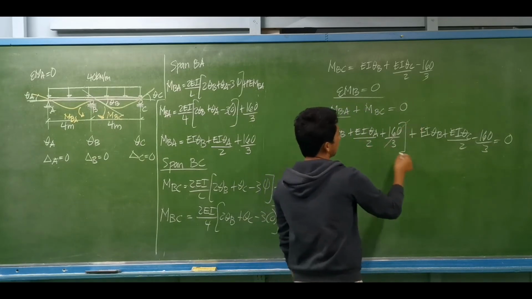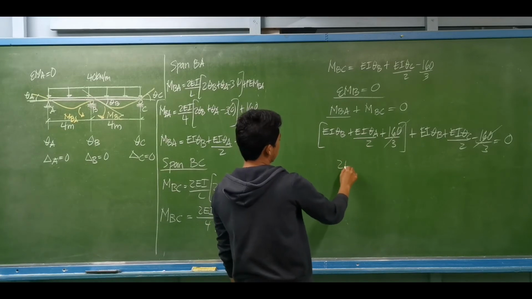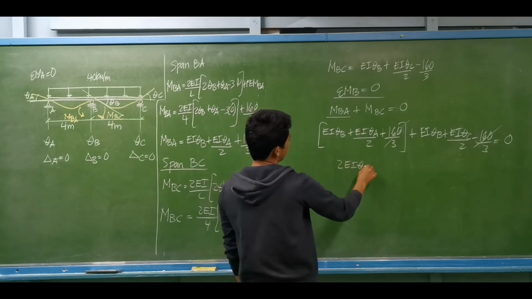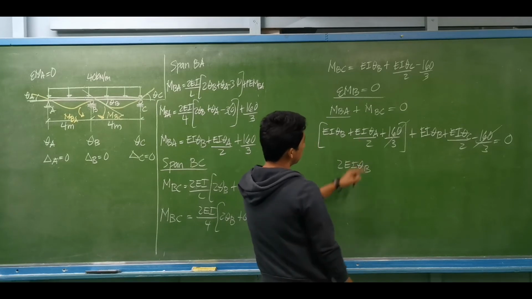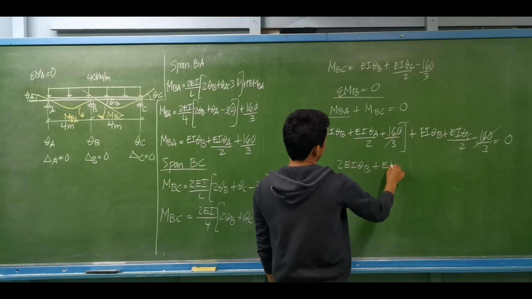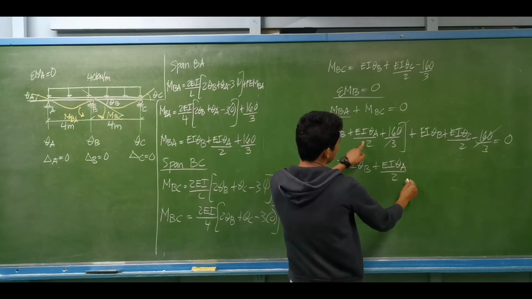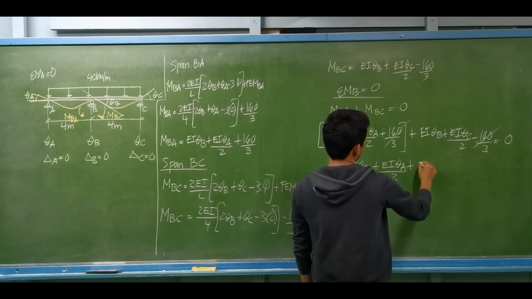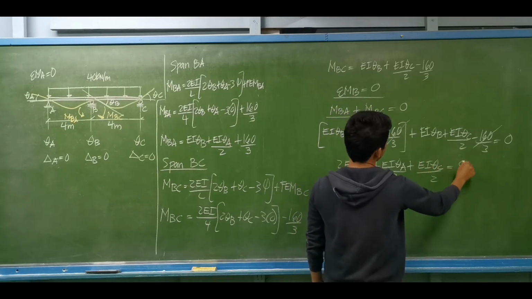So when we eliminate 160 over 3, we will be having the equivalent of 2EI theta sub B plus EI theta sub A divided by 2 plus EI theta sub C over 2 is equal to 0.